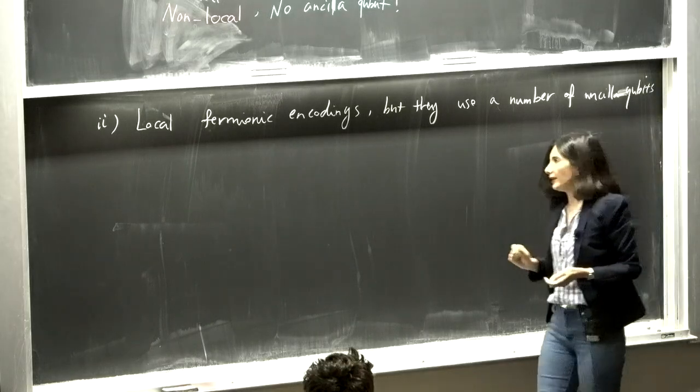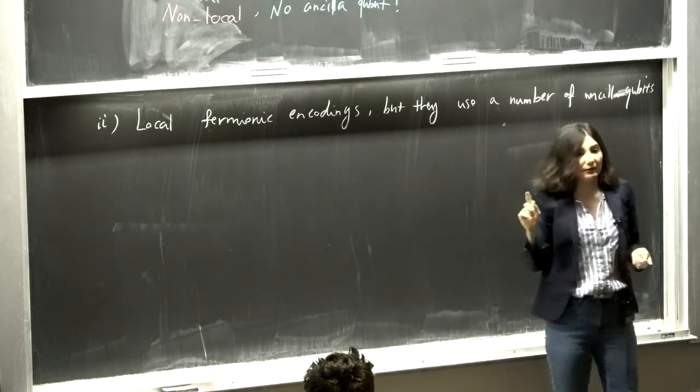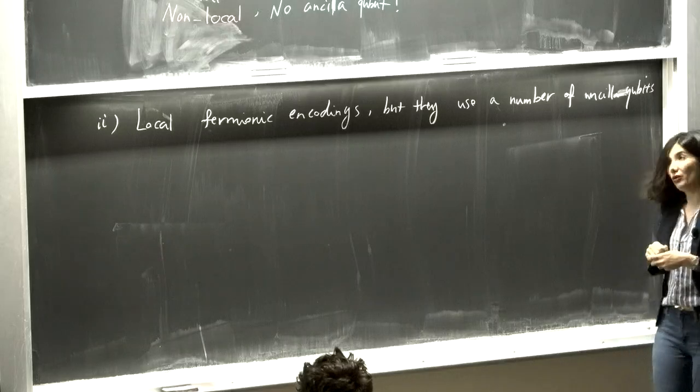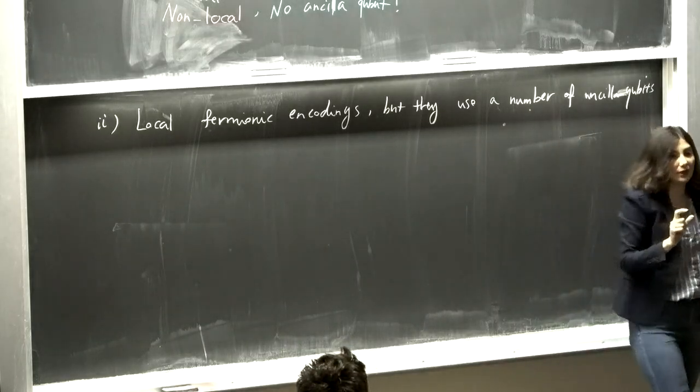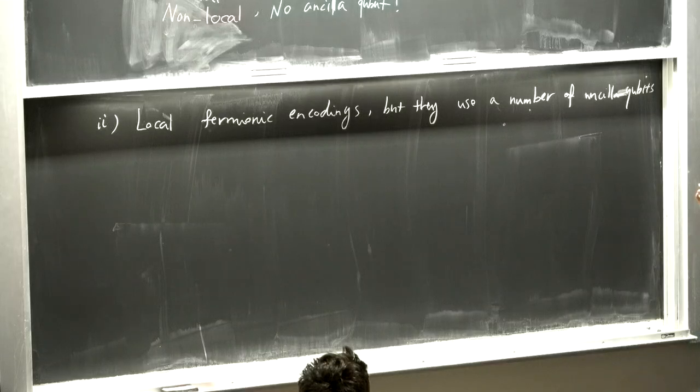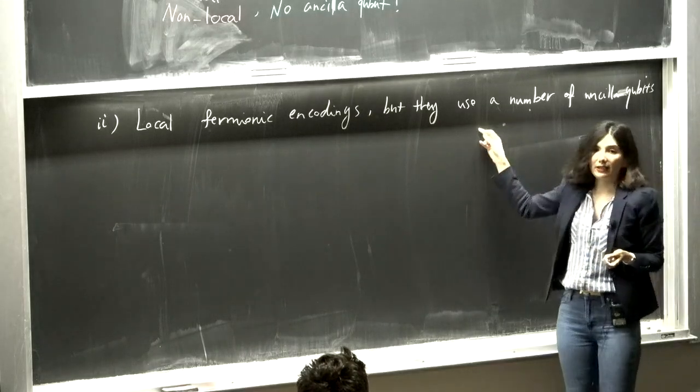And this is not necessarily bad. There are some pretty compact and local encodings that use only a few ancilla qubits. So the size doesn't actually go like polynomial with the system size. These are actually pretty good.